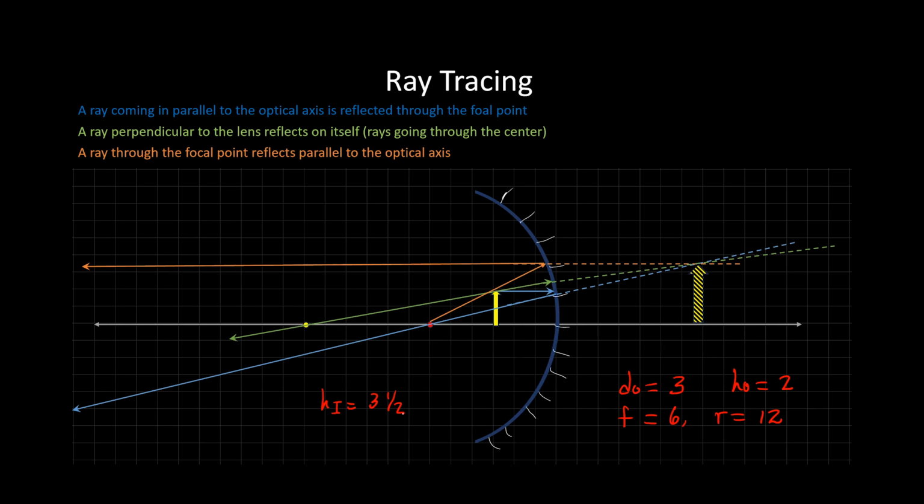It's positive because it's up. And between 6 and 7, maybe closer to 7. So D sub I is going to be negative, right? Negative 7, roughly. We'll see what the lens equation gives us.